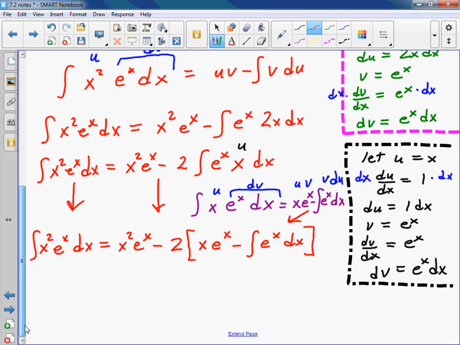So keep going, we're almost done, this is going to be good. The antiderivative of x squared e to the x dx equals x squared e to the x minus 2 times x e to the x minus, okay, the antiderivative of e to the x dx is simply e to the x.